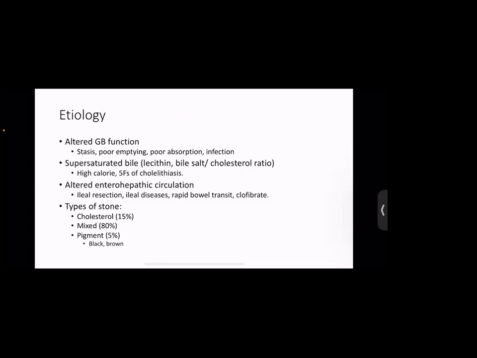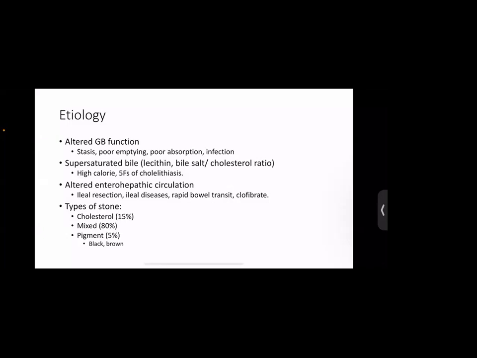Now, going back to supersaturated bile, the bile contains lecithin, bile salts, and cholesterol. If there is a mismatch within this ratio, the normal ratio of lecithin and bile acid to cholesterol is about 25:1, with an alteration in this ratio to about 13:1.